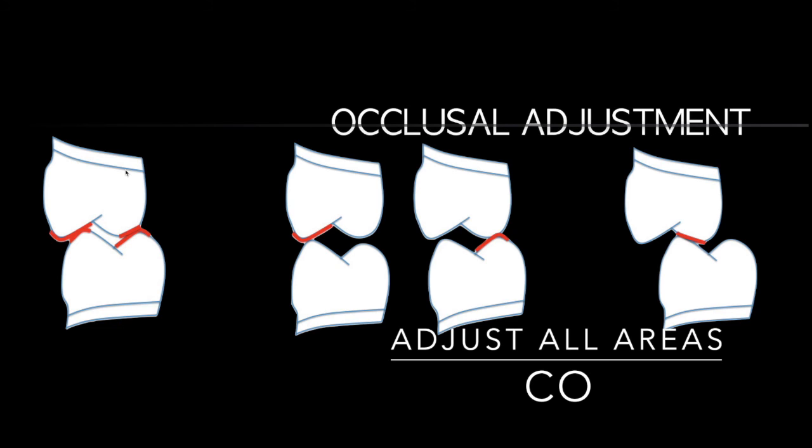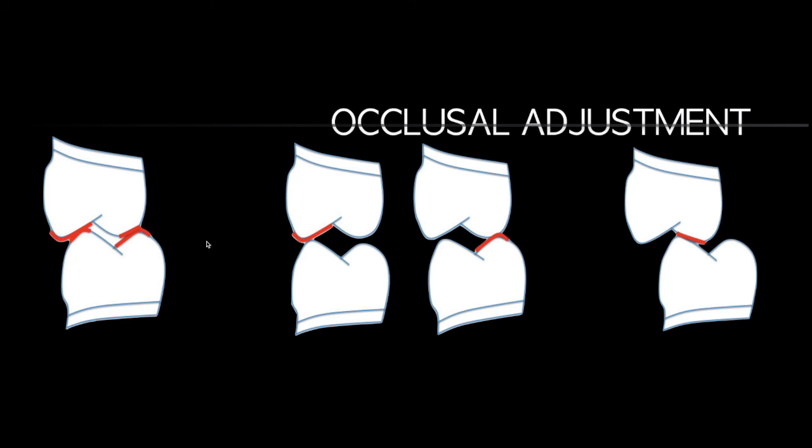In case you don't see all four teeth in contact, then you need to adjust any existing contact until all four posterior teeth are in simultaneous contact. So that's the first thing. We call it CO occlusal adjustment, centric occlusion adjustment. You achieve this until all the premolars and molars are in contact.